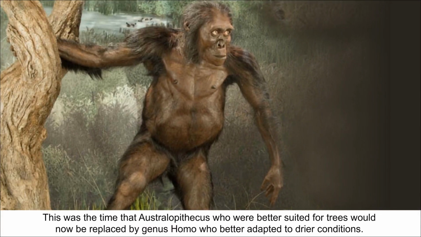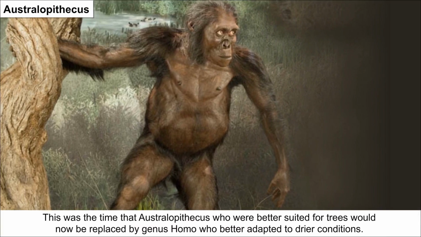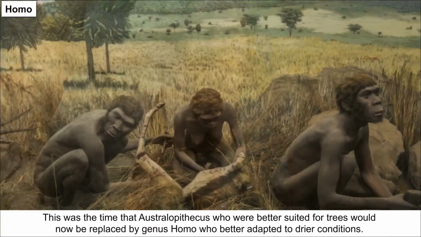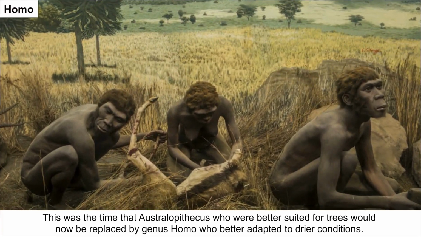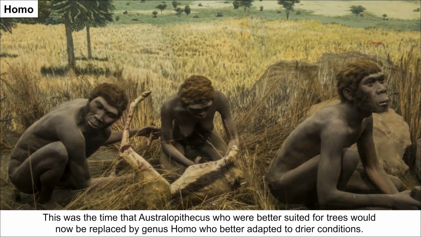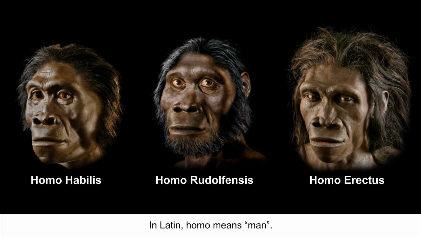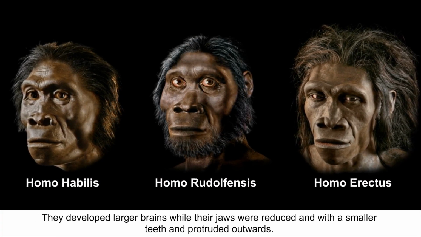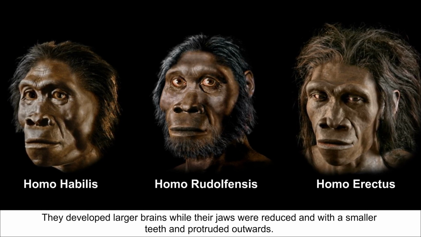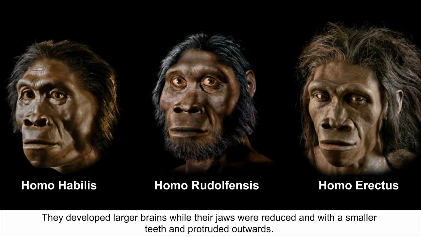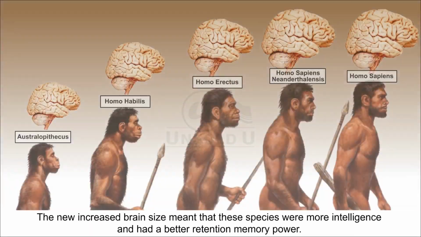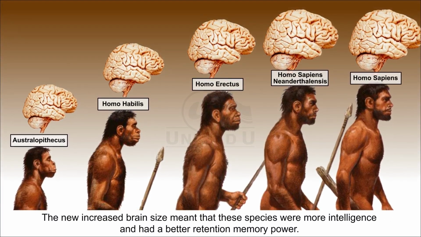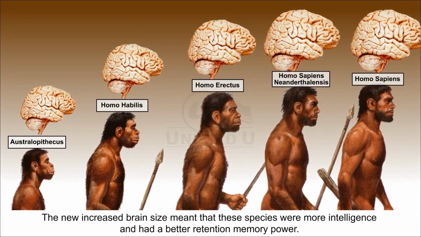This was the time that Australopithecus, who were better suited for trees, would now be replaced by genus Homo, who better adapted to drier conditions. In Latin, Homo means man. They developed larger brains while their jaws were reduced, with smaller teeth that protruded outwards. The new increased brain size meant that these species were more intelligent and had better retention memory power.